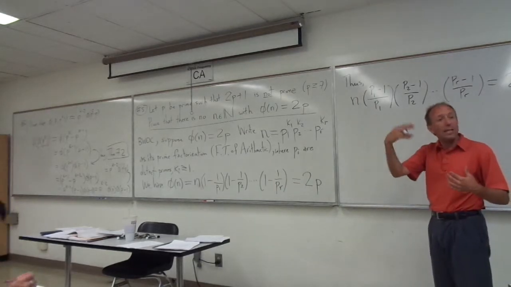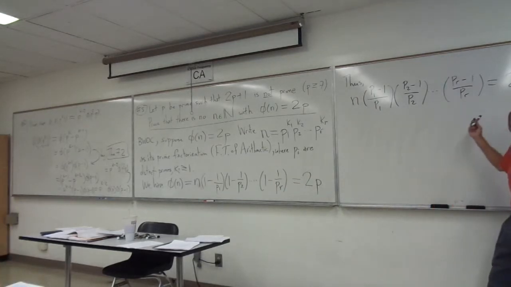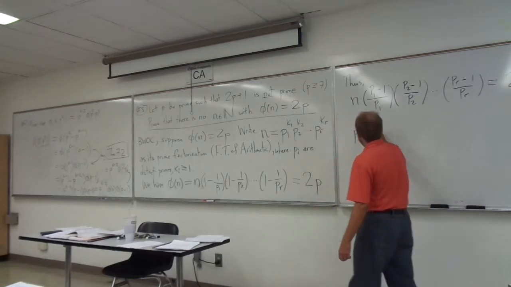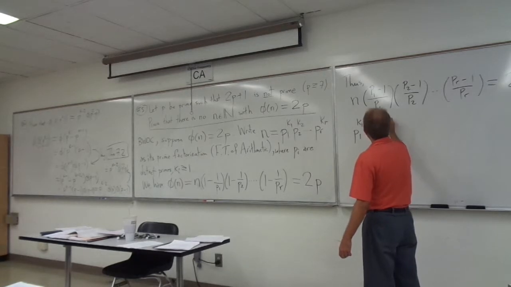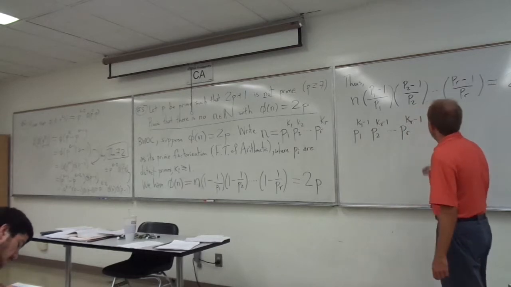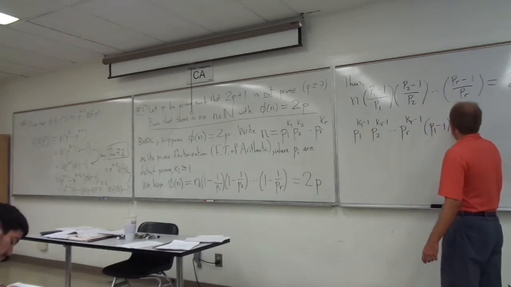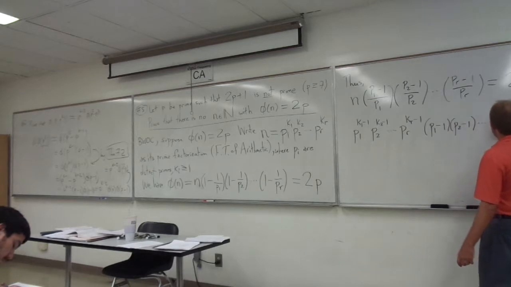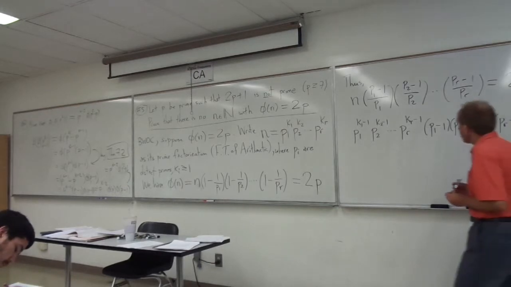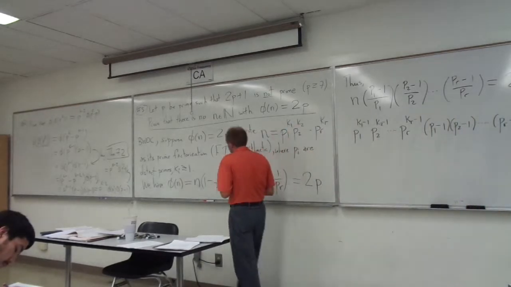But what we can do is take n and divide it by the product of the primes, and that will leave me with p1 to the k1 minus 1, p2 to the k2 minus 1, etc., up to pr to the kr minus 1, and then (p1 minus 1), (p2 minus 1), etc., up to (pr minus 1), all of that equal to 2 times p, and remember, we're trying to get a contradiction.